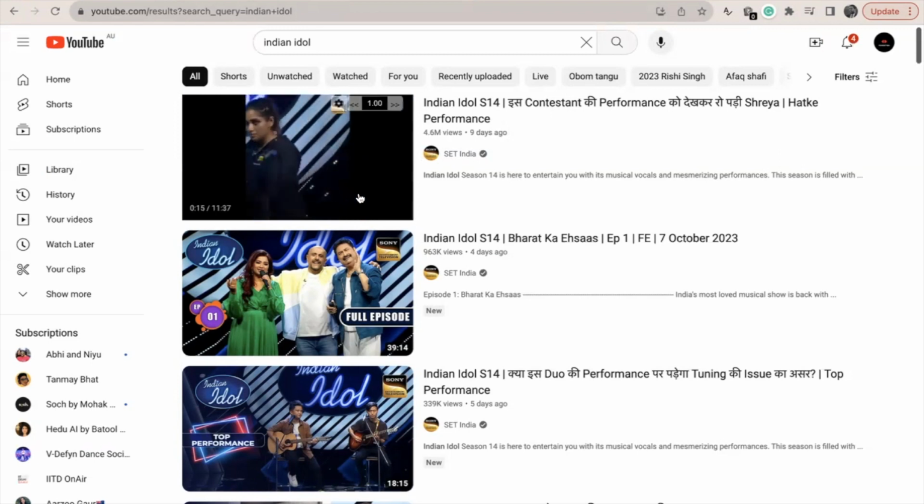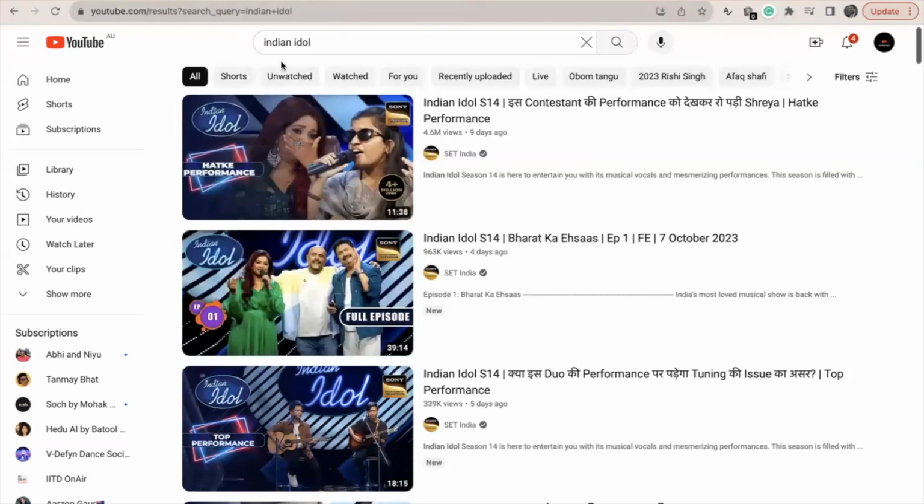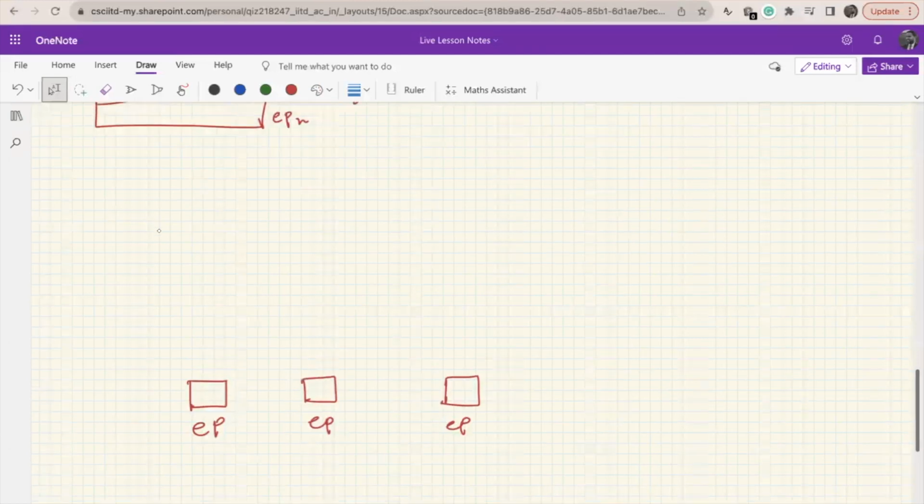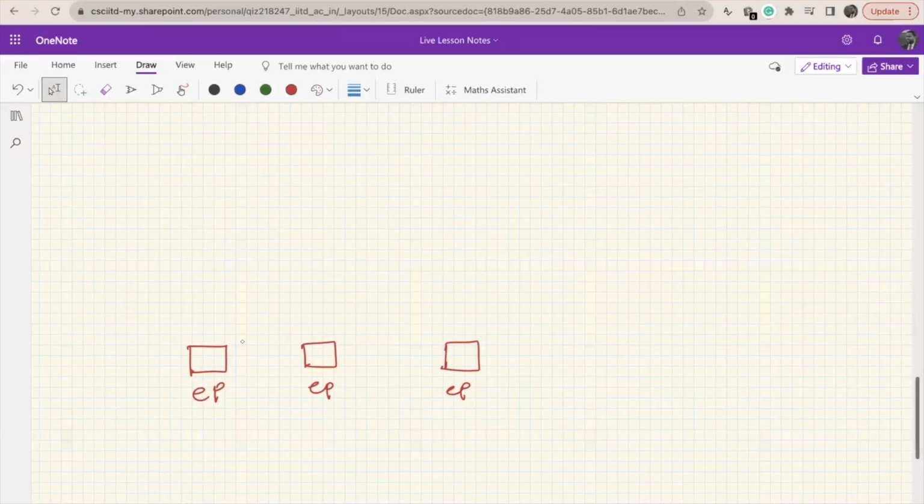So the first video came, the second video, and the third video. So this is the query, key, and value. But why are all these 3 the same in this case?